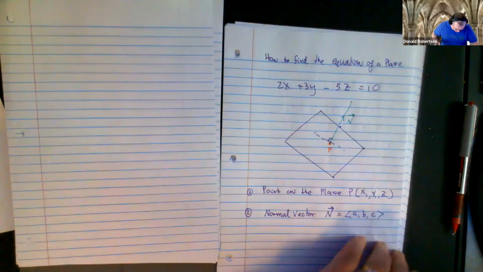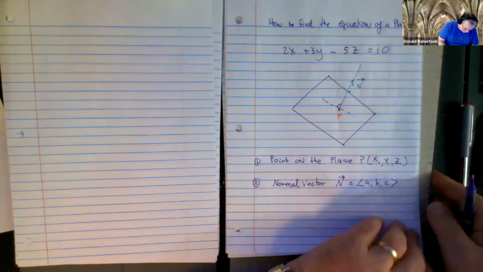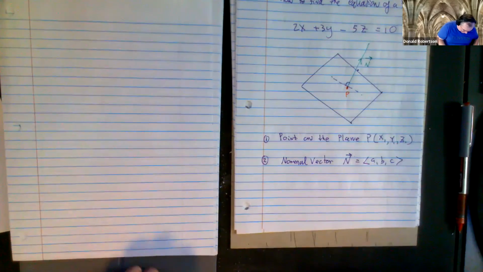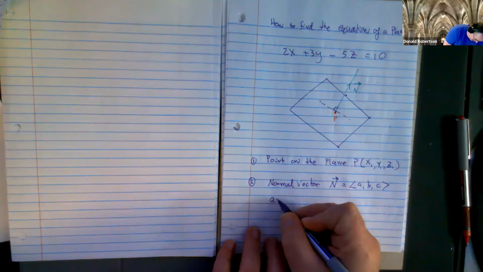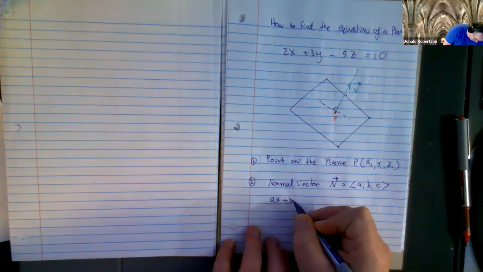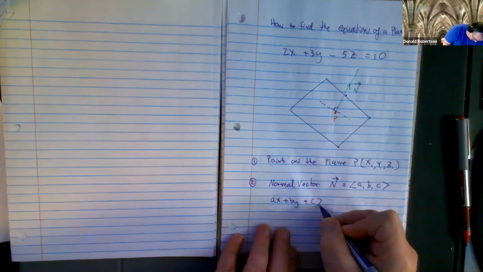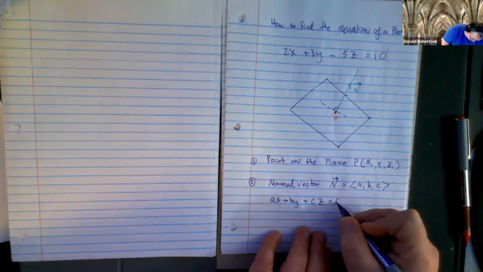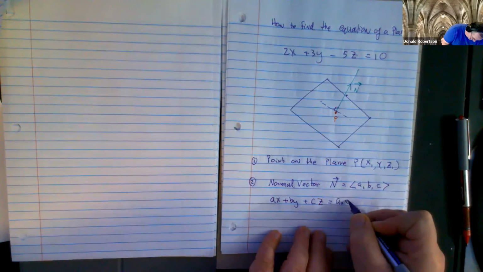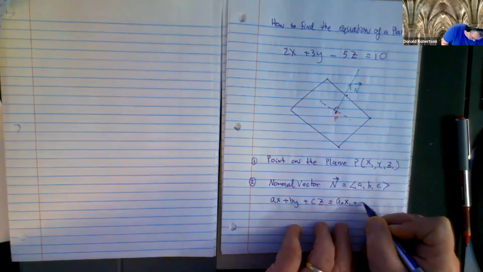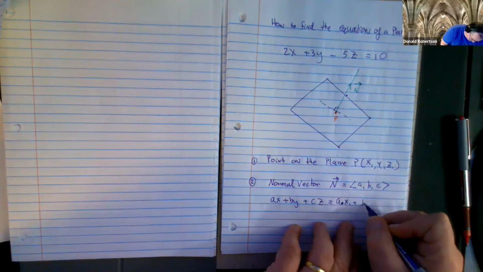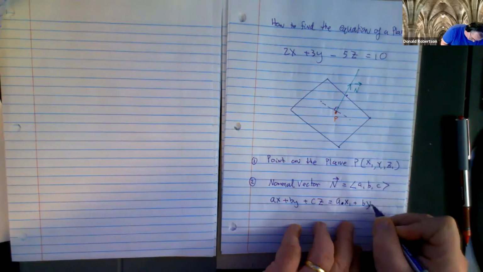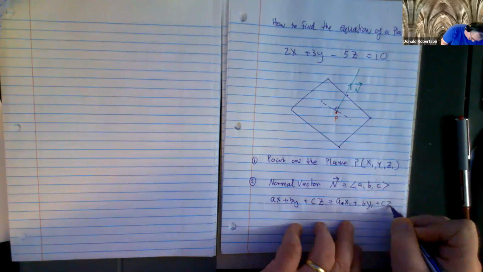And if you have those two pieces of information, the equation of the plane can be found by this slightly messy formula. It's ax plus by plus cz equals, not a naught, a x1 plus b y1 plus c z1.